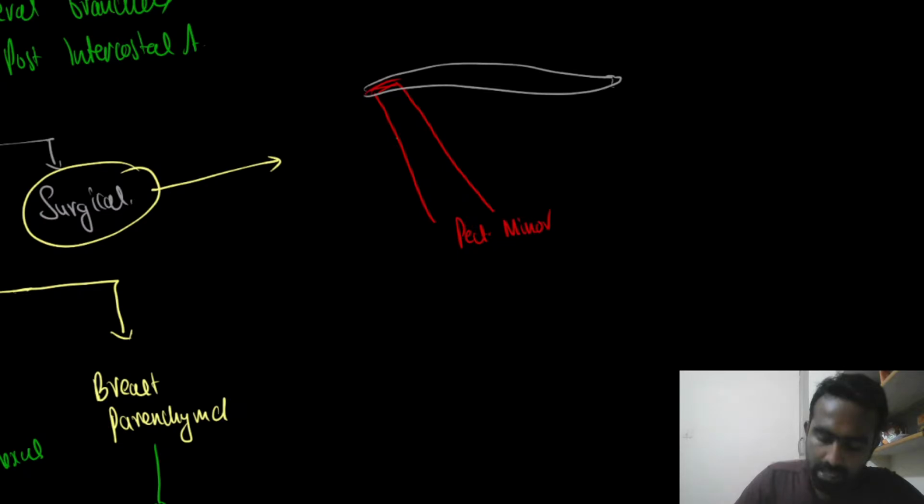Anything which is lateral to the lateral border of the pectoralis minor is level 1 lymph nodes, which contain the axillary group of lymph nodes, and anything medial to the pectoralis minor forms the level 3 nodes.